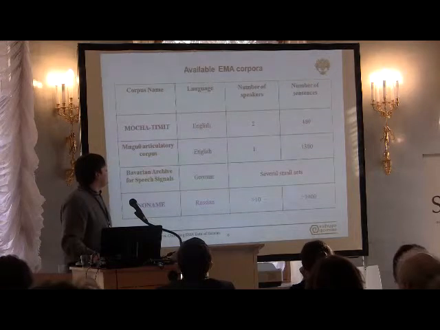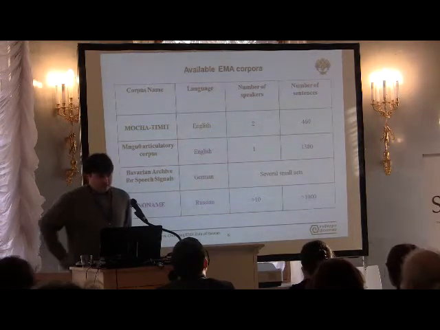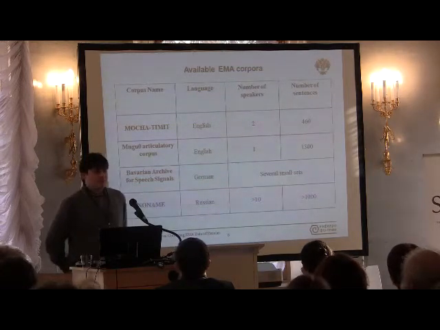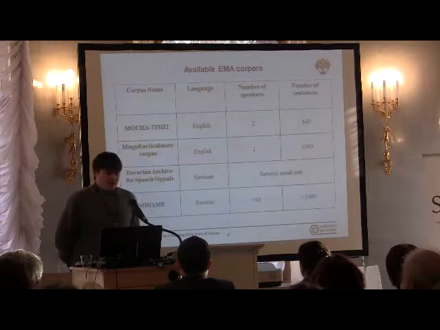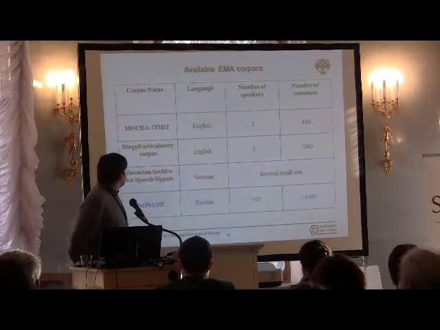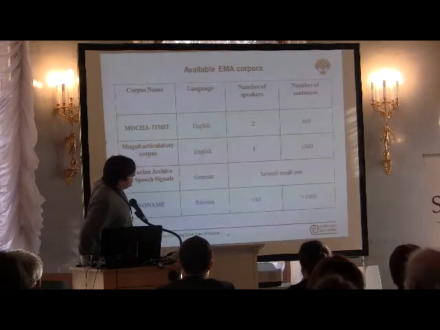There are not so many available EMA corpora. Actually, there are two main corpora. They are both for the English language. The first one is quite small, but the other one is pretty large.